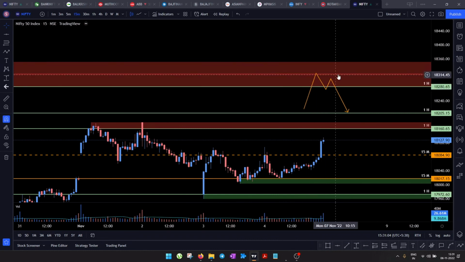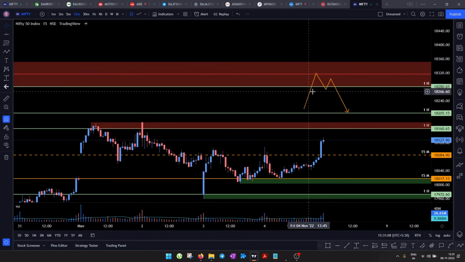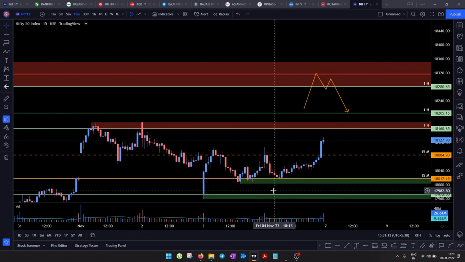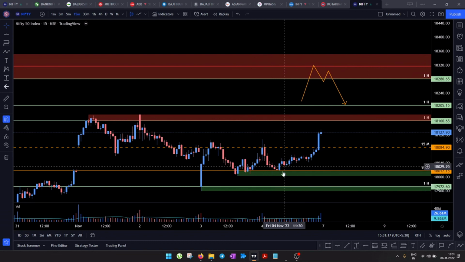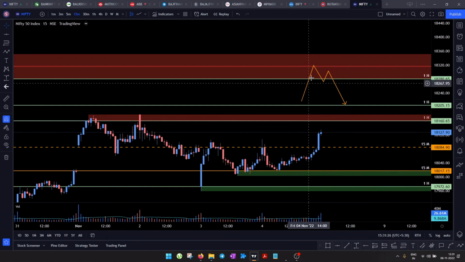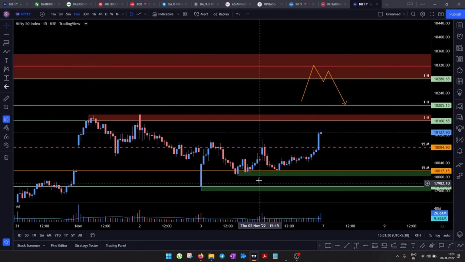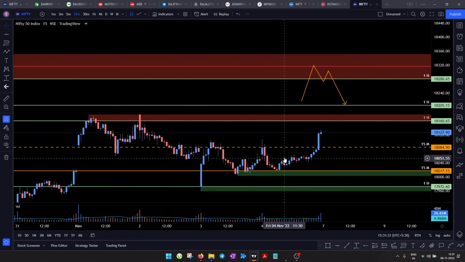If this market consolidates in this zone and tries to eat the supply that is available, and it looks poised for a breakout even higher, I will not go short on Monday, but I'll go long positionally if the market remains strong from these levels, right? For exit on Tuesday, Wednesday, something like that, right? So this is how I plan to trade. This is my intraday, what I will look for, and if the market remains strong, I will look for positional longs from these levels, right? This is how I'll trade.